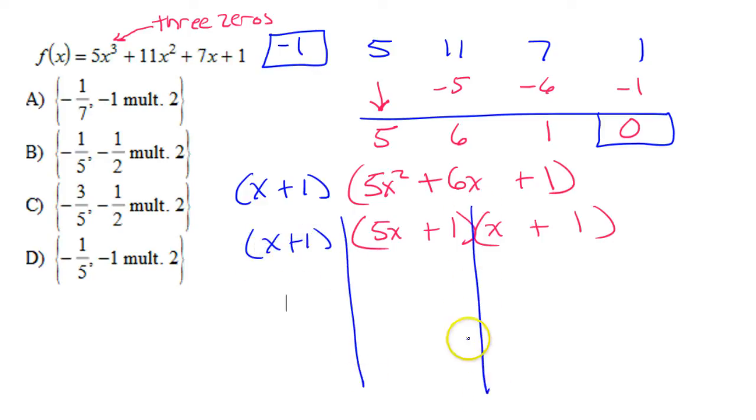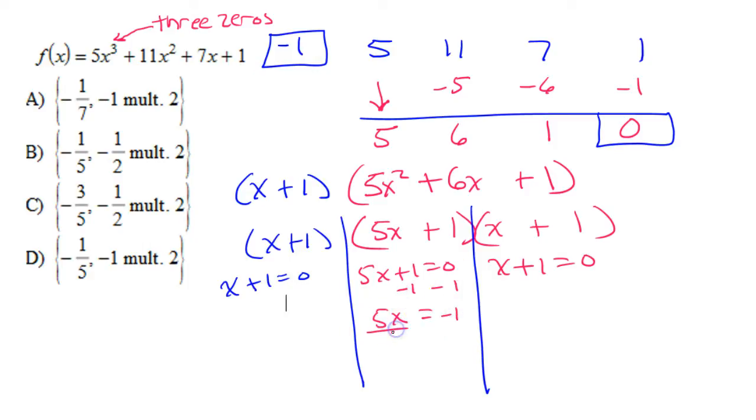Now, to get the zeros, I'm going to set each of these equal to 0 and solve. So I'm talking about x plus 1 equals 0, 5x plus 1 equals 0, and x plus 1 equals 0, which is the same thing over here. If I solve this, that's going to give me 5x equals -1.